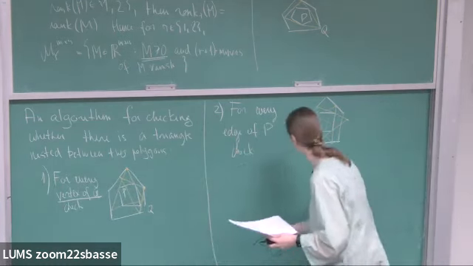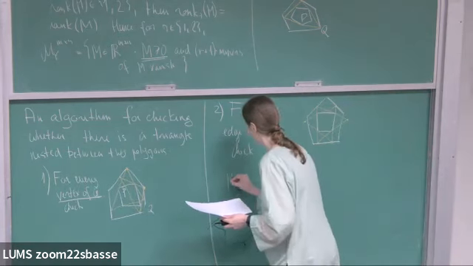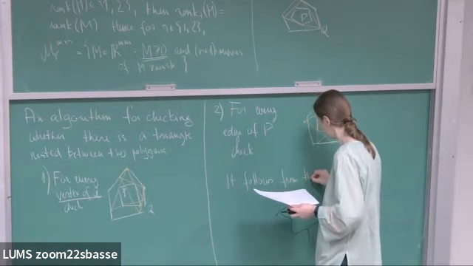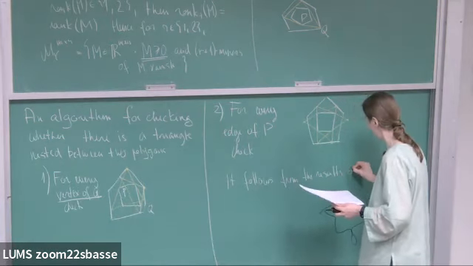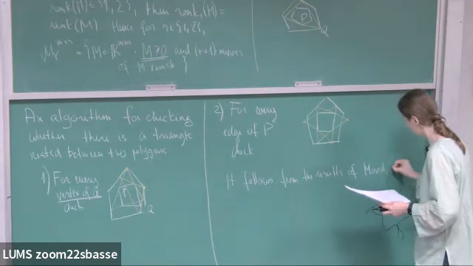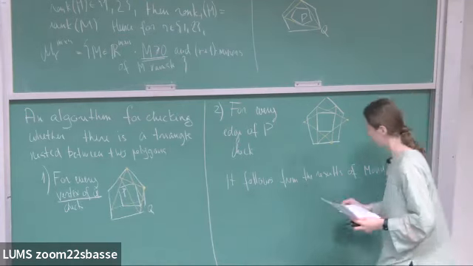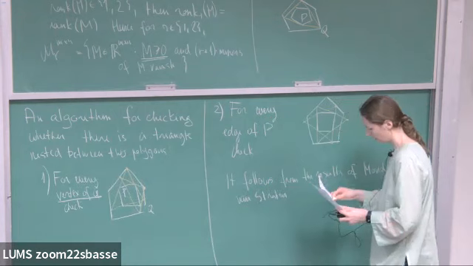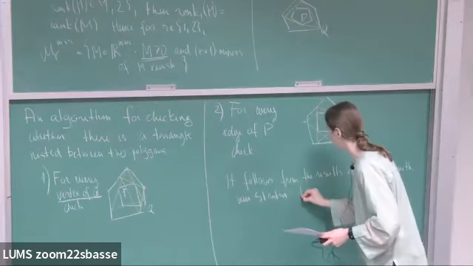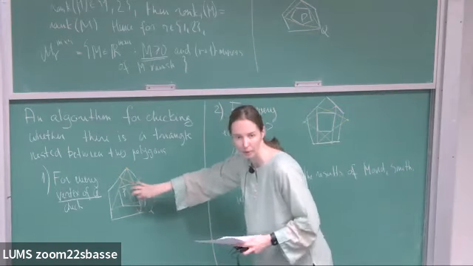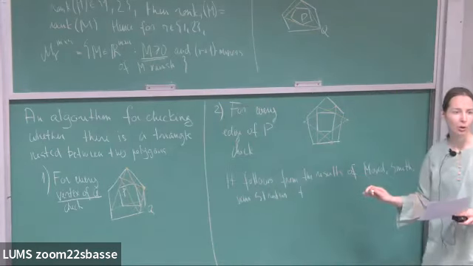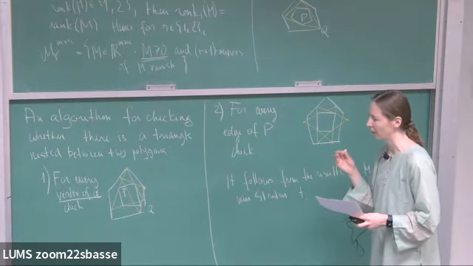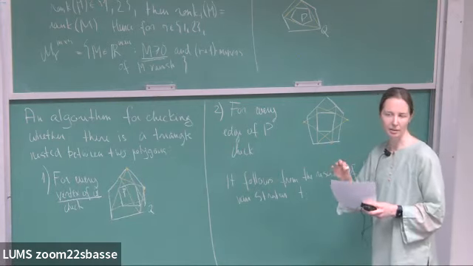and it follows from the results of Smith and Weisbrot that if there is no triangle of the form like in 1 or 2, then there is no triangle at all between P and Q. So although there could be infinitely many triangles that we have to check, this is saying there are only finitely many.